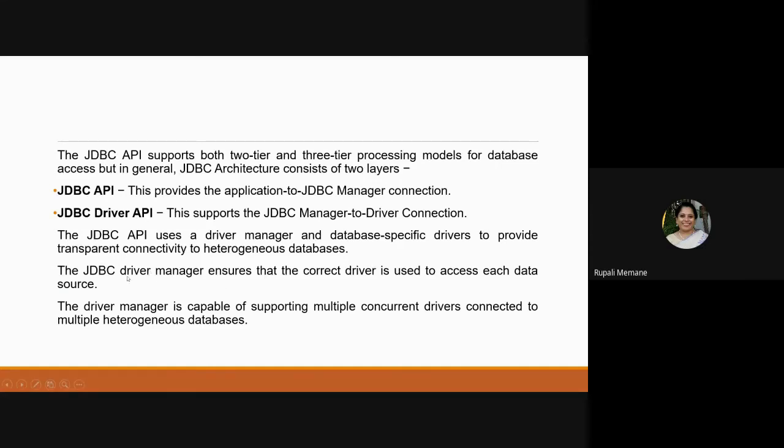That is the role of the JDBC driver manager, which ensures that the correct driver is used to access each data source. The driver manager is capable of supporting multiple concurrent drivers connected to multiple heterogeneous databases. Fine. So this is the overall brief about JDBC architecture, and about your 2-tier and 3-tier models.